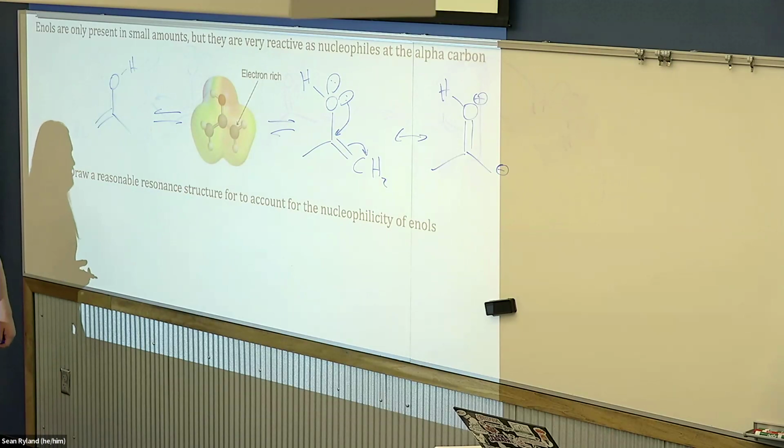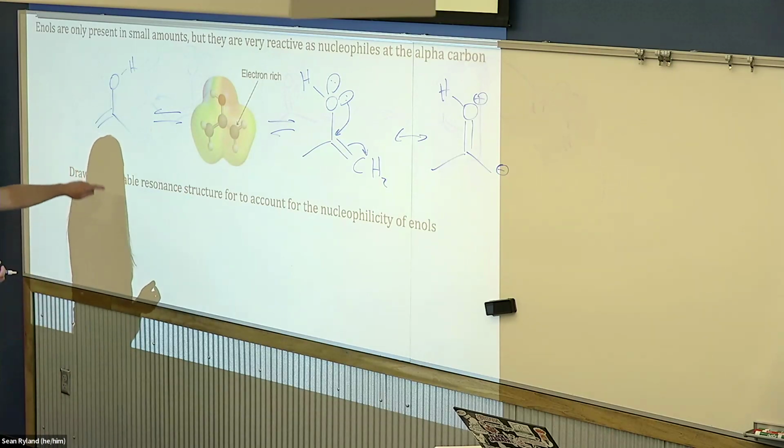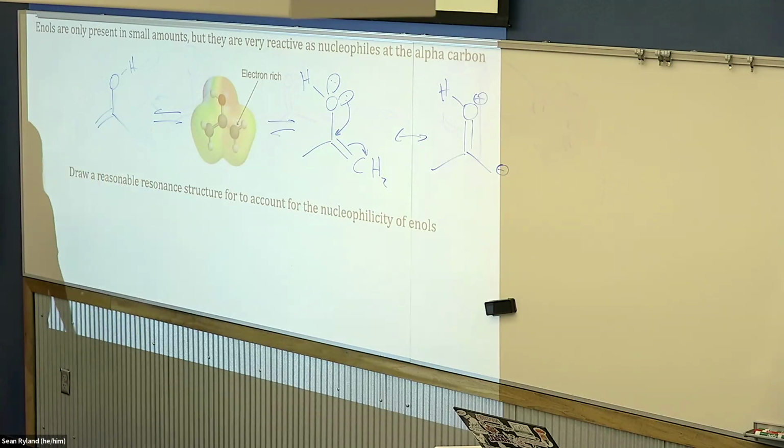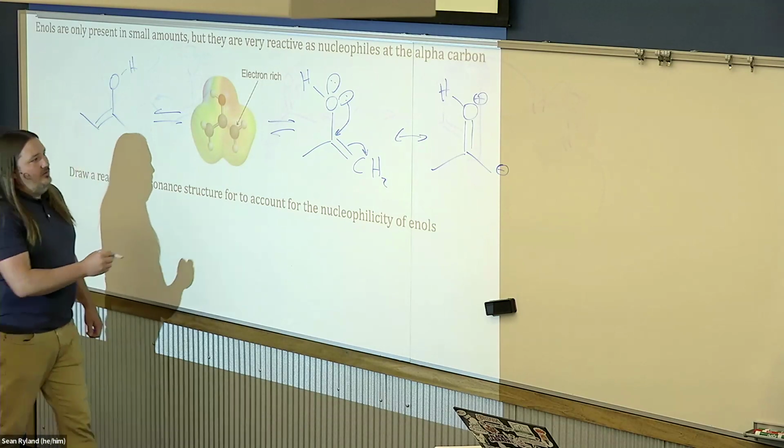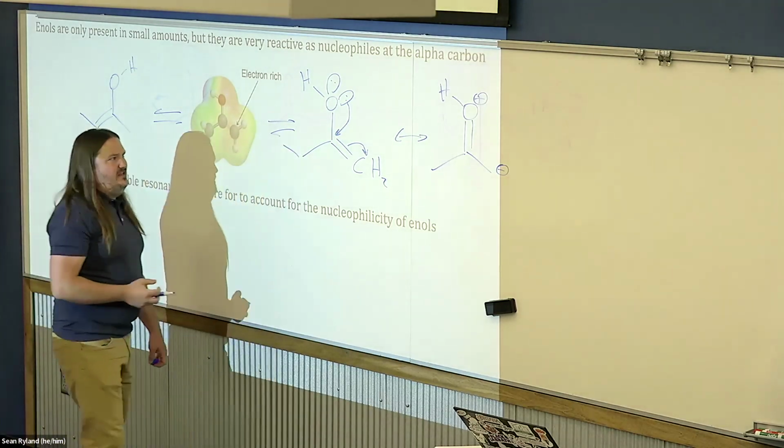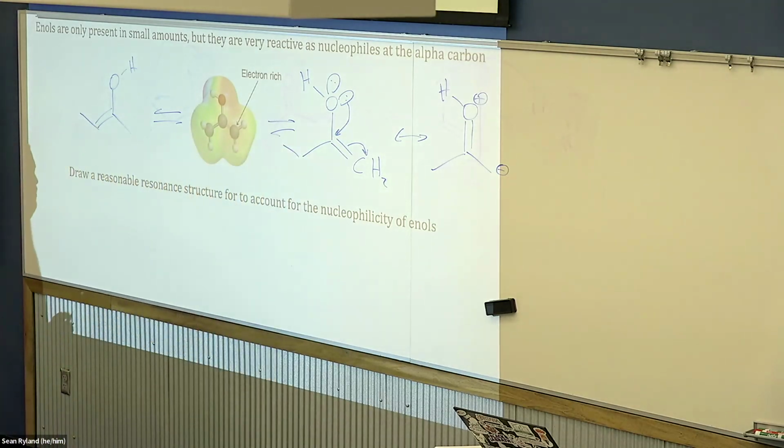doesn't make a difference. If it's an asymmetric molecule, you have to take into account that you have two distinct alpha carbons. Right, so like if one of them was an ethyl, that would obviously react differently. Exactly. If one was an ethyl, which of these enols would we expect to be more common?